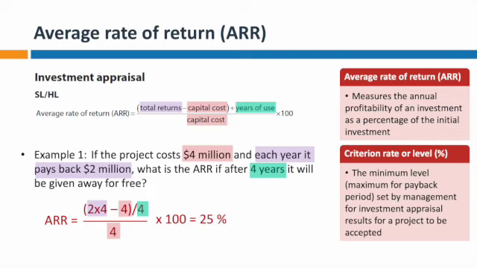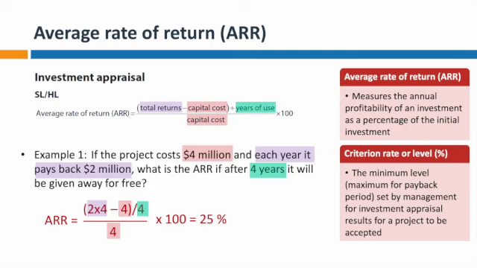And then it's up to the business to decide whether it will pick the project with 25% ARR, but maybe more risk, or whether it will deposit its funds on a deposit account where the interest rate is 10%. So this is what the result of ARR is used for.